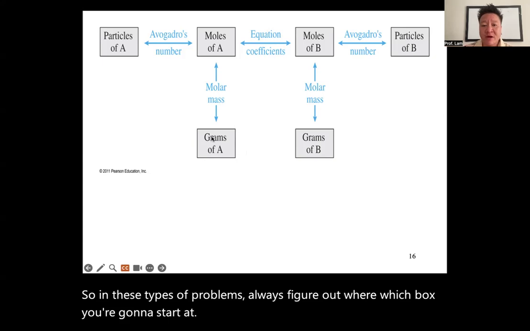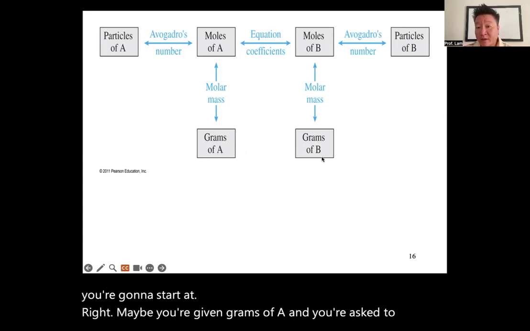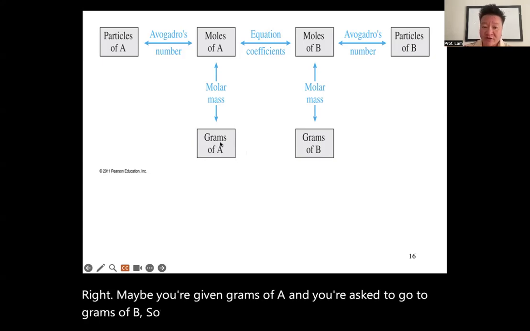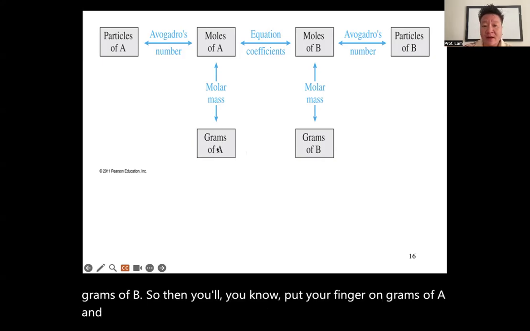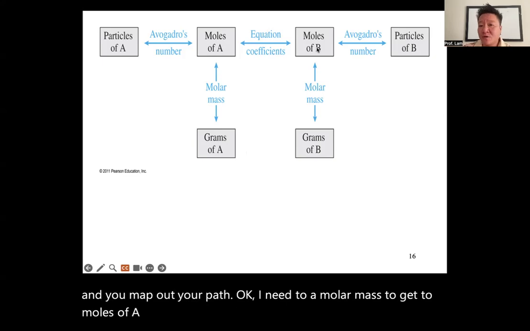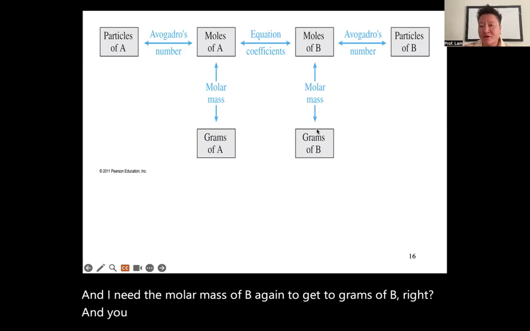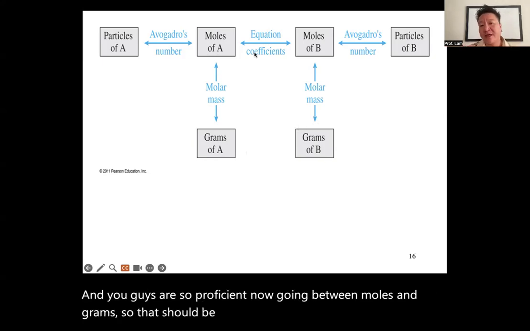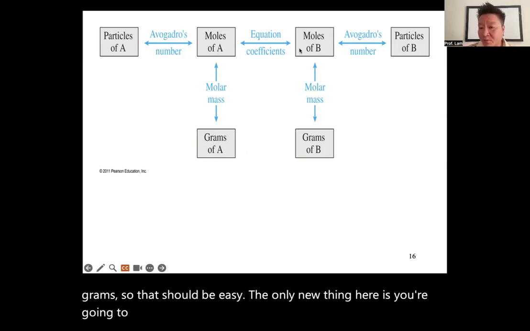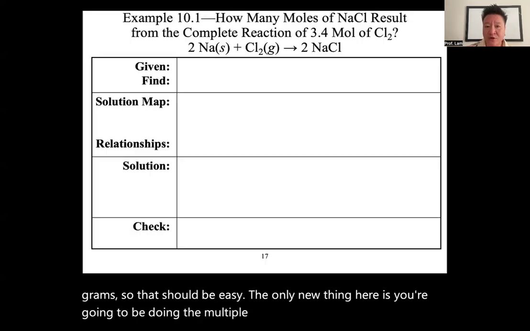Maybe you're given grams of A and you're asked to go to grams of B. Then you'll put your finger on grams of A and map out your path. I need a molar mass to get to moles of A, and I need to get to moles of B using the mole-to-mole ratio, and I need the molar mass of B again to get to grams of B. You guys are so proficient now going between moles and grams, so that should be easy. The only new thing here is the mole-to-mole ratio.